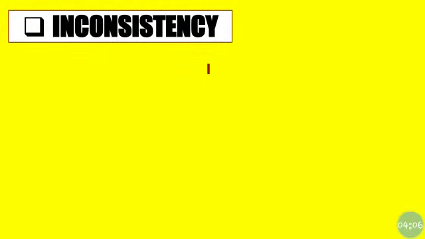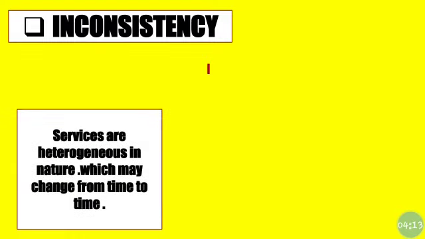Next is inconsistency. It states that something is not consistent. So services are not the same all the time. It is heterogeneous, which means different, not the same. It is heterogeneous in nature, which may change from time to time. Even if the service provider is the same, the quality of service will differ every time. For example, if you go to a doctor, he treats you very well.